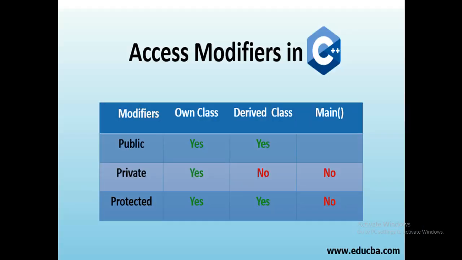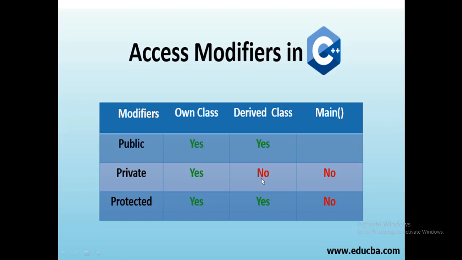Access modifiers, which are public, private, and protected, can they be accessed in the class? Yes, we can access the members under all three access specifiers in the class. But in the derived classes, we can access the public members, but we cannot access the private members.